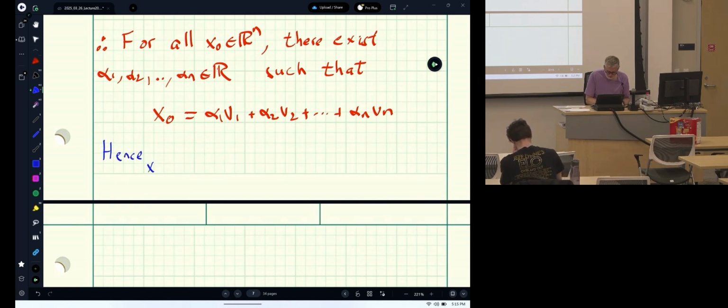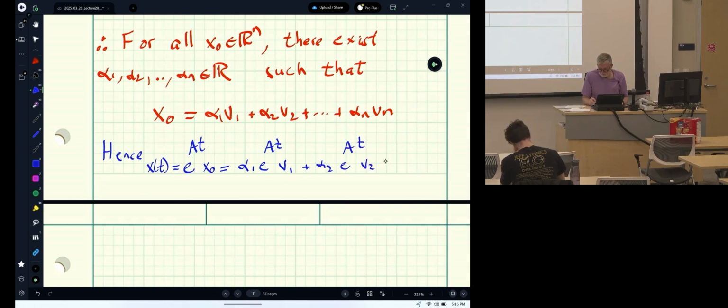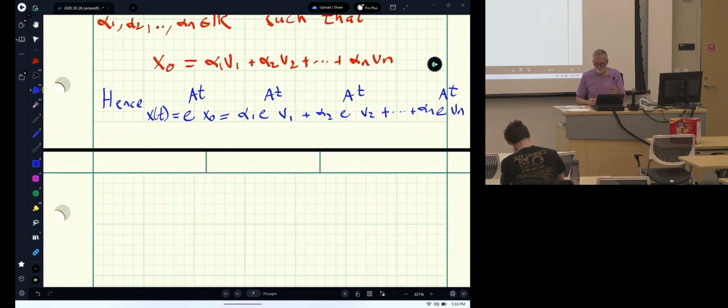Hence, x of t equals e to the At x0 equals alpha 1 e to the At v1 plus alpha 2 e to the At v2 plus alpha n e to the At vn, but the matrix exponential interacting with eigenvectors gives us beautiful things.